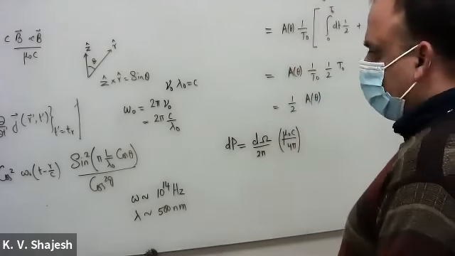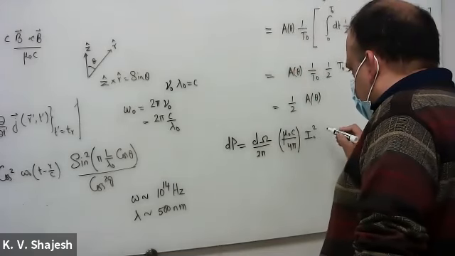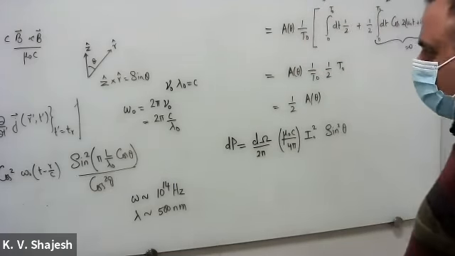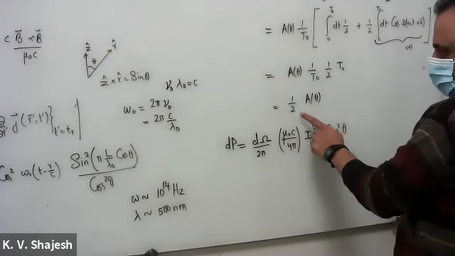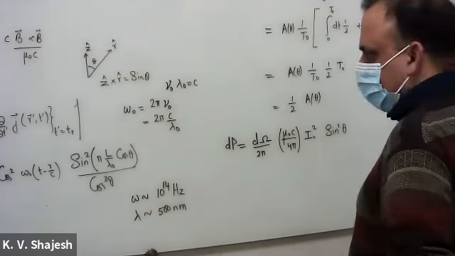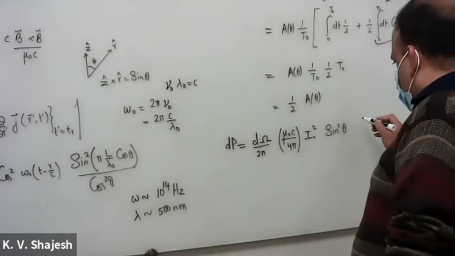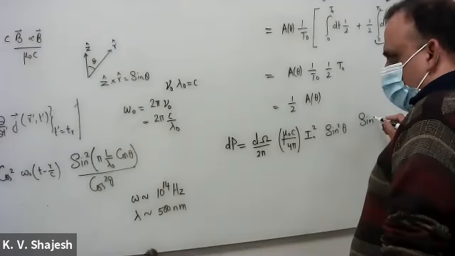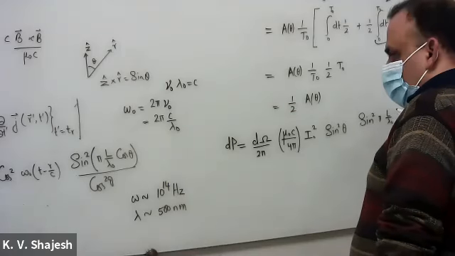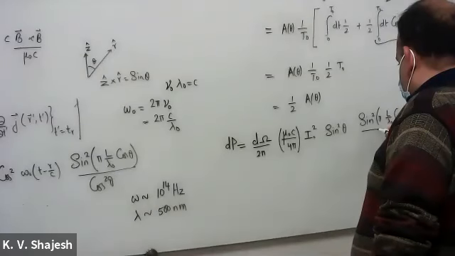That's mu naught c I naught square, times sine square theta. That factor of 2 that I got by averaging over time is put in here, and whatever remains is basically the sine term over sine theta.